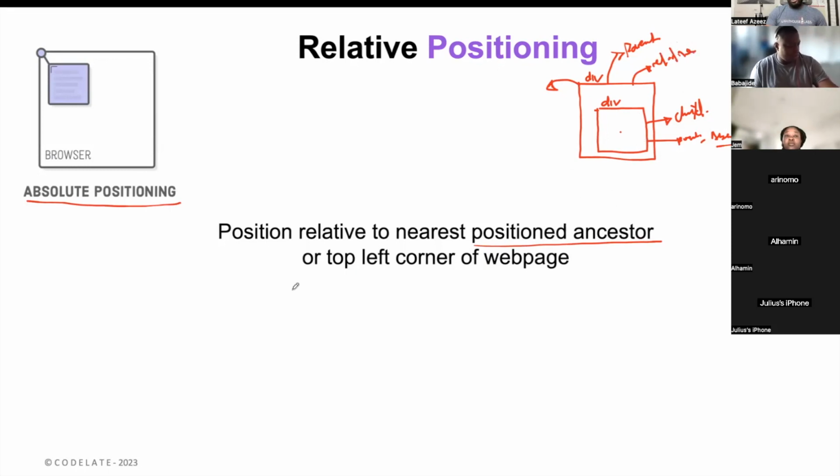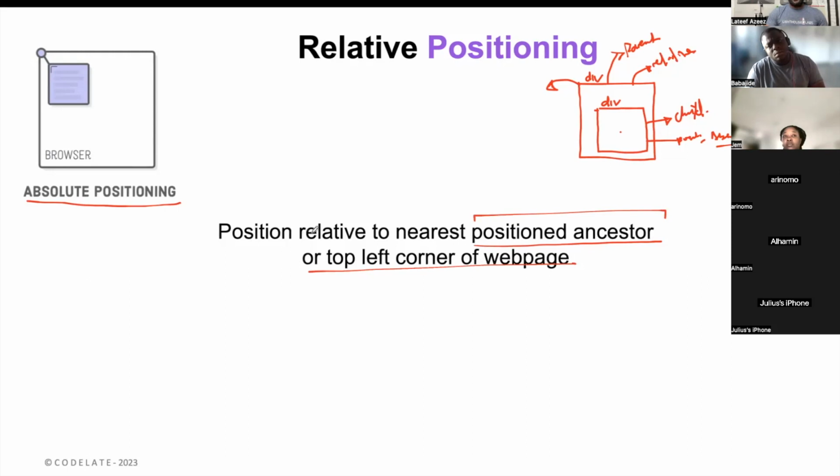Now I'm going to repeat myself. Absolute positioning is the position relative to the nearest positioned ancestor or the top left corner of the page. We're going to come back to the top left corner of the page. Let's deal with ancestors first.